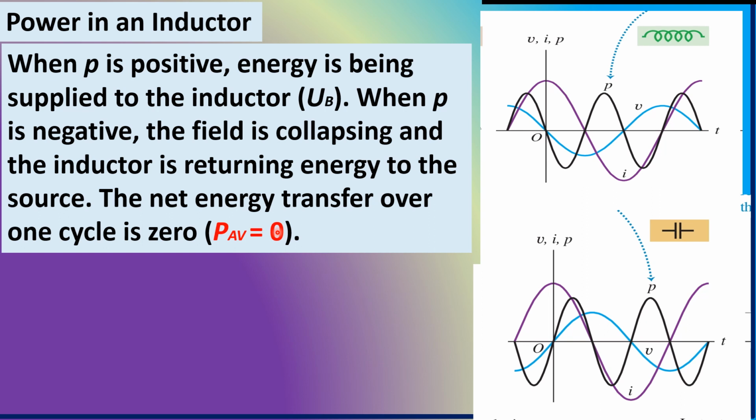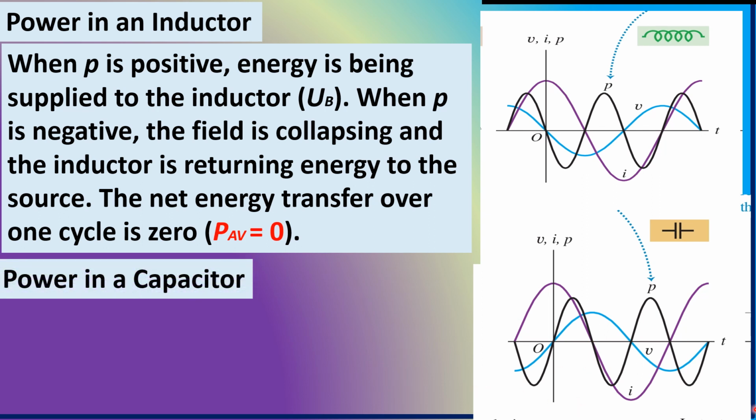Now, in the case of the power in a capacitor, as shown in this second graph, the voltage v sub C, or voltage across the capacitor, lags the current i by 90 degrees, all right?